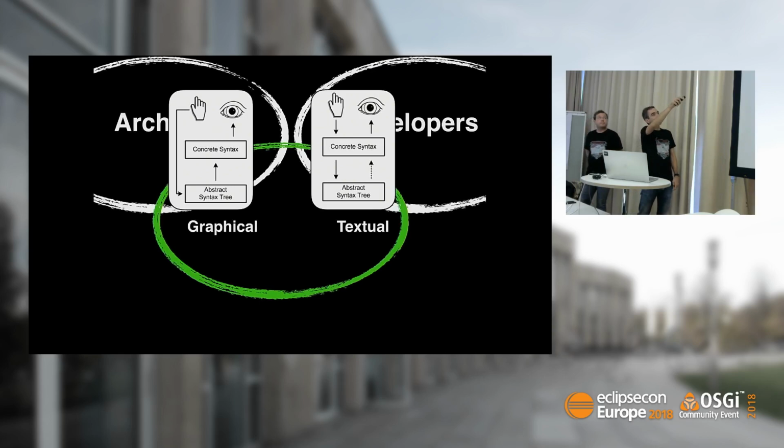So the flow is via abstract syntax to concrete syntax, and then you get the visualization. With textual modeling, it's often different. So usually you modify the concrete syntax until the parser recognizes the text again, and then it will produce the abstract syntax from that. And it also could work the other way around, but this is a dotted line here. It's not so common. Usually you have the other way around only when you perform refactorings, for example.